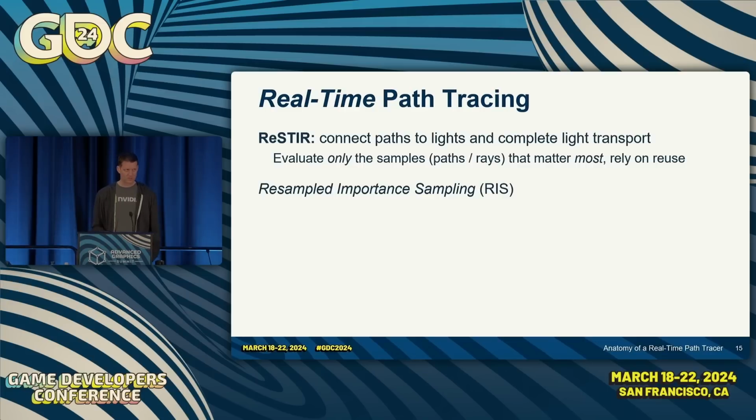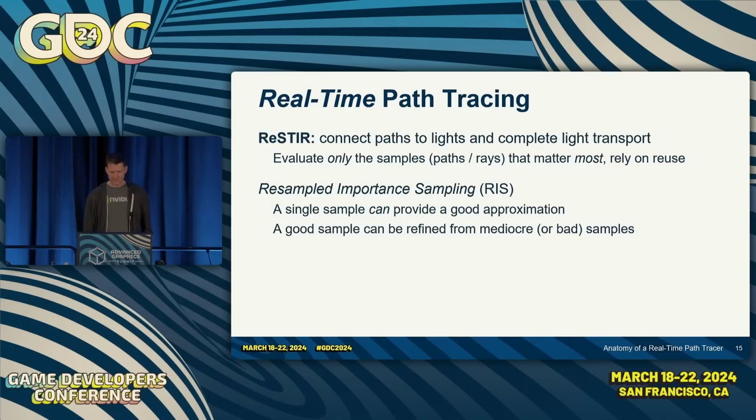So at the core of ReSTIR is resampled importance sampling, or RIS. And RIS shows us that, somewhat surprisingly, a single sample really can provide a good approximation, and a good sample can be refined from mediocre or even truly bad samples. Potentially even more important to ReSTIR is weighted reservoir sampling, or WRS.